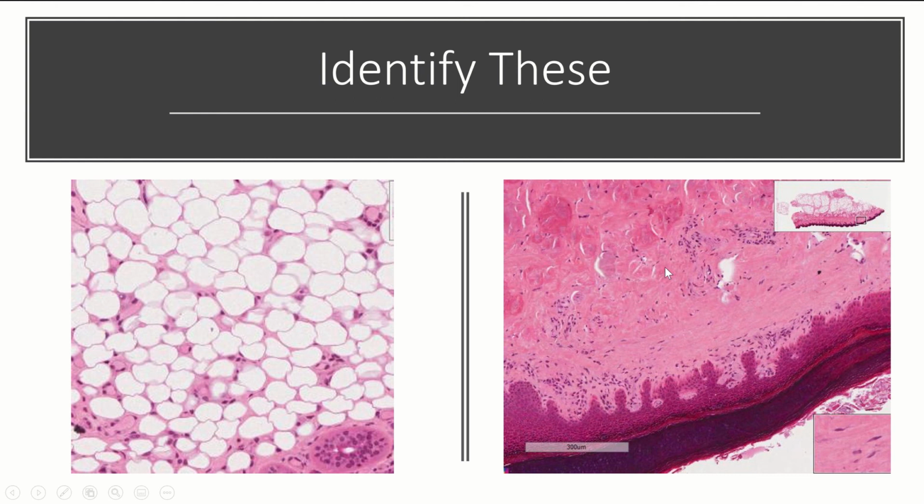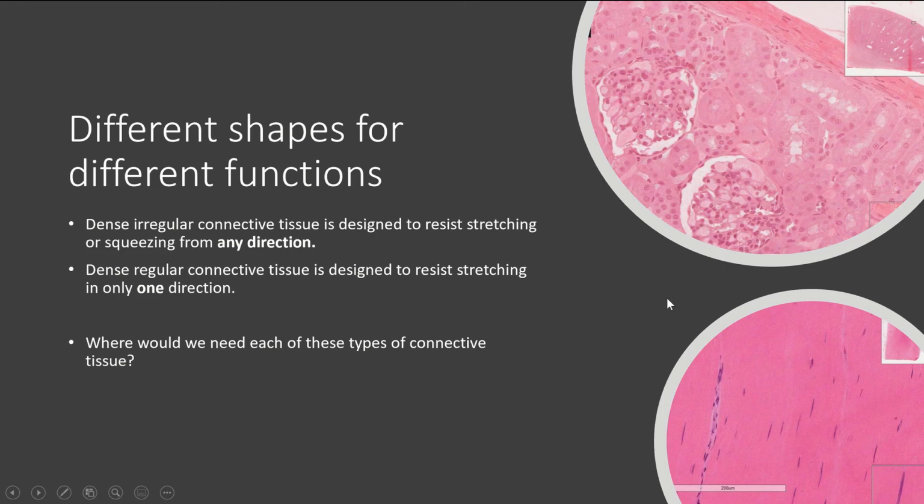So this I would consider dense. This is very dense. These fibroblasts are working hard. They are packing this thing full of connective tissue. But they're also going every which direction, right? They're twisting everywhere. These little collagen bundles are twisting around everywhere, making little circles and crazy things. So that would be irregular. So this would be dense, irregular connective tissue.